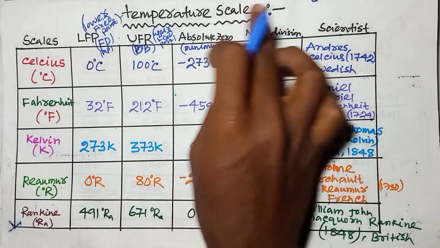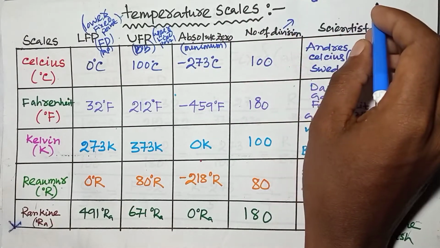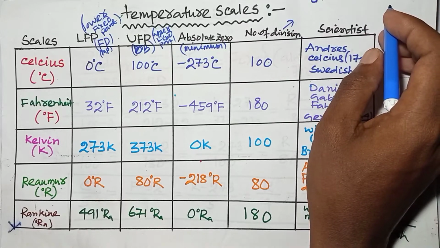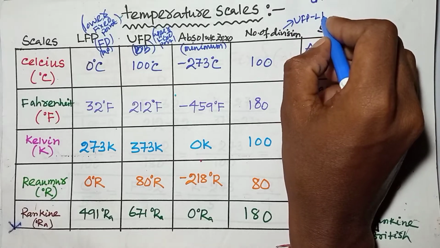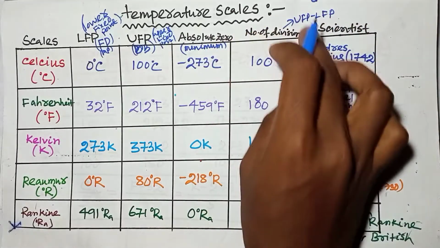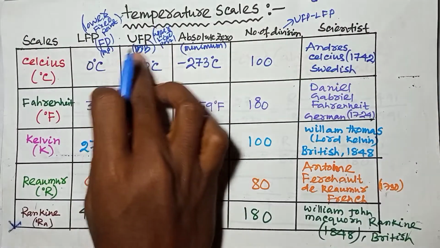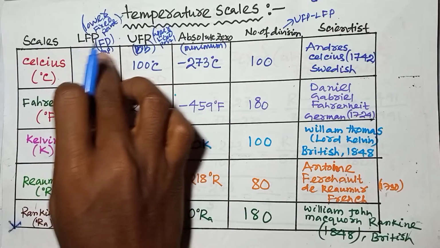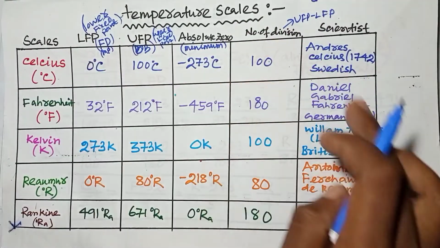Here is the number of division. The number of division is the upper fixed point minus lower fixed point. It will give you the number of division in a particular scale. For Celsius scale the upper fixed point is 100 degree and the lower fixed point is 0 degree, so the number of division will be 100 minus 0, that is 100.